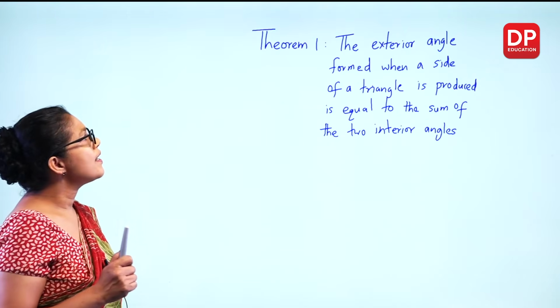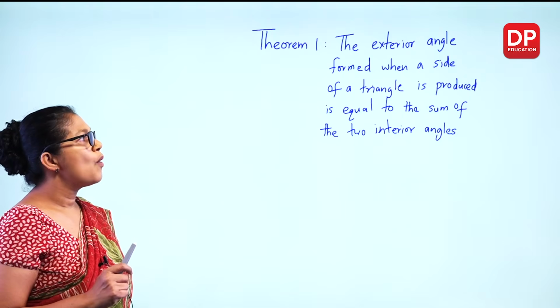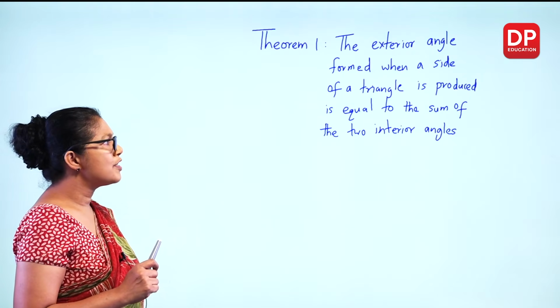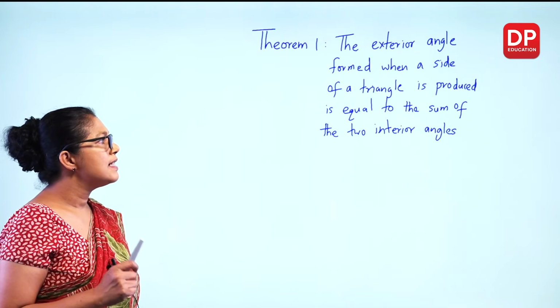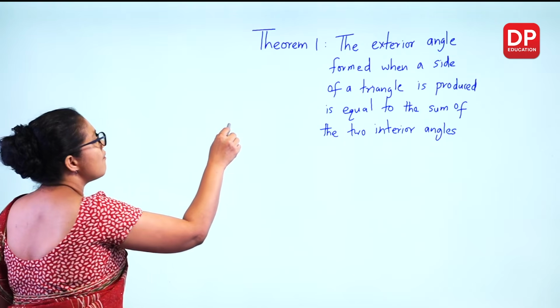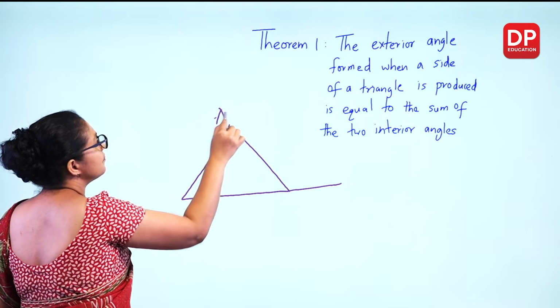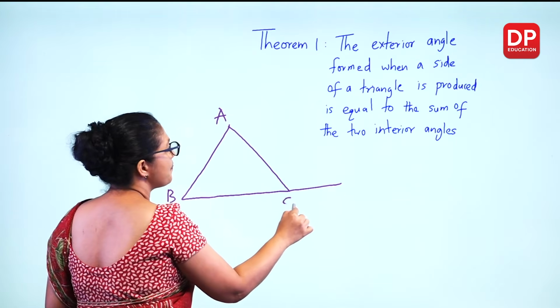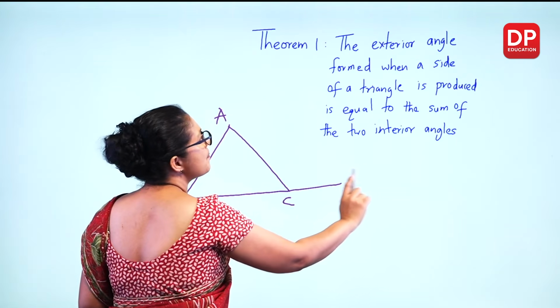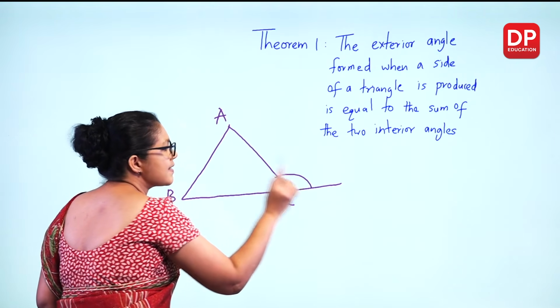Theorem number 1 says the exterior angle formed when a side of a triangle is produced is equal to the sum of the two interior angles. So here, when you get a triangle ABC, when one line is produced, you get the exterior angle.